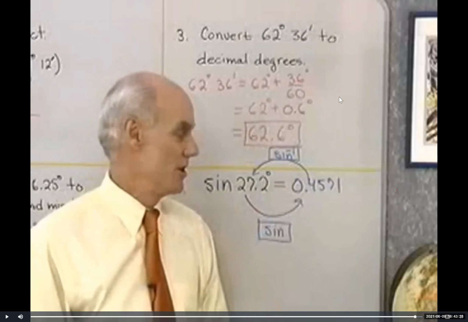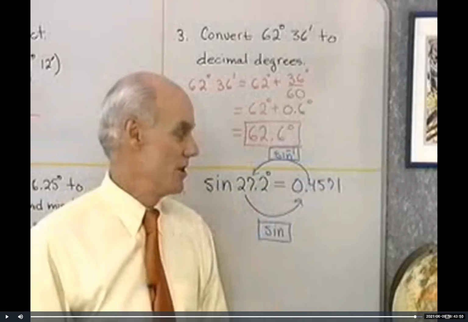So for the last problem, sine 27.2 degrees, I would like to add a bit more information: if you're using a calculator or your iPhone, you need to press degree first. Don't press radian, okay?